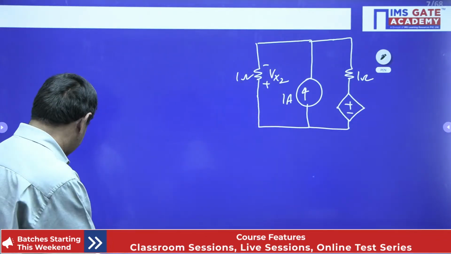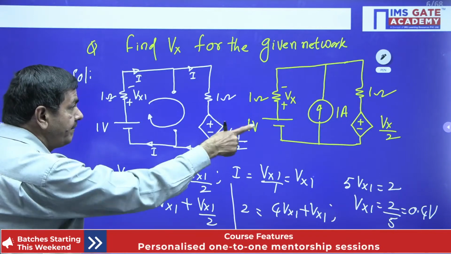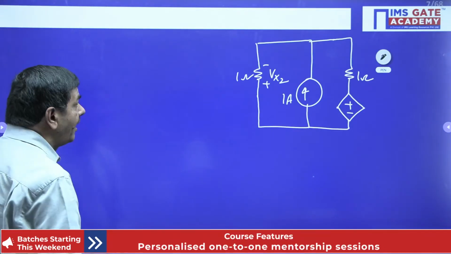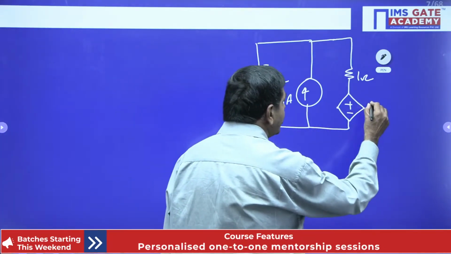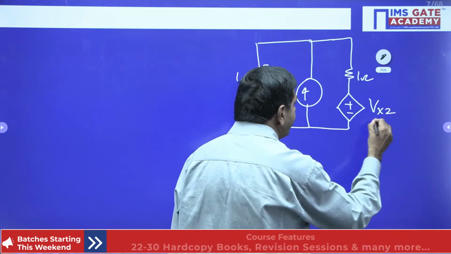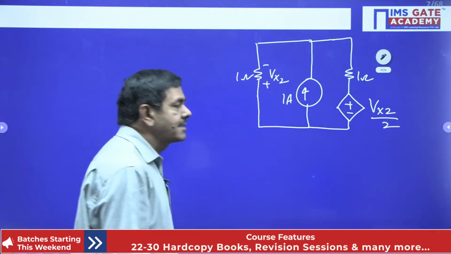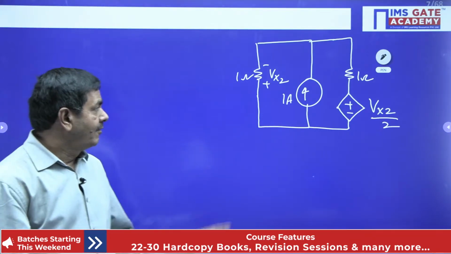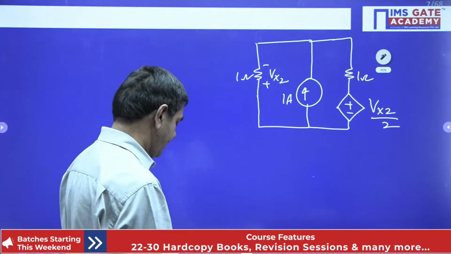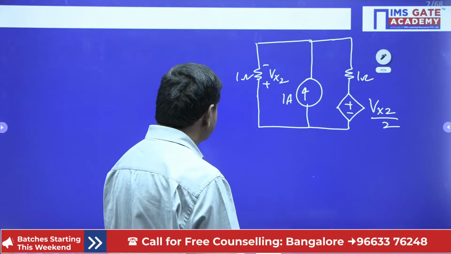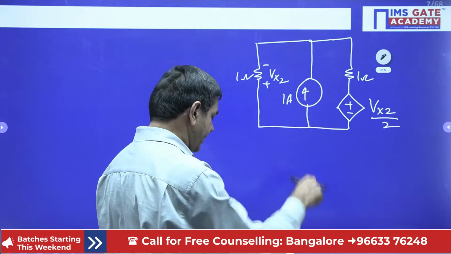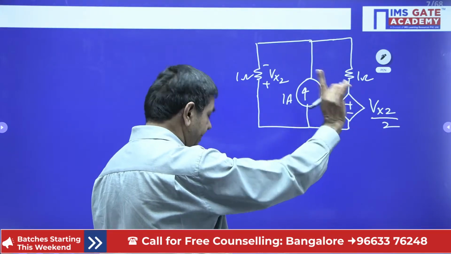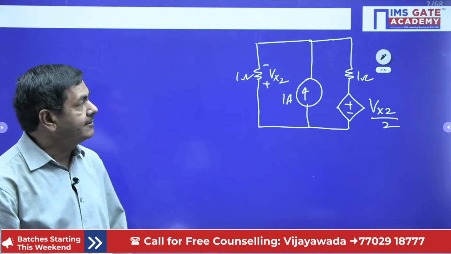That voltage is given as Vx by 2. I will put Vx2 by 2 directly. Yes, such a way we can form the circuit. 1 ohm, yes, and also this 1 ohm Vx2, it is taken exactly correct. 1 ampere I have taken, 1 ohm is taken, Vx2 by 2, exactly correct now.